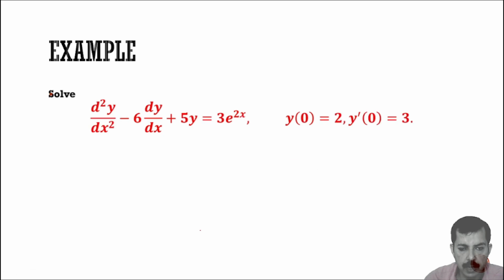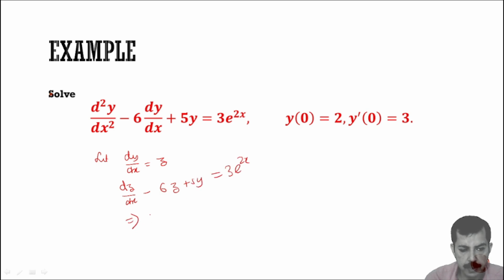Next, if you have this type of second order ODE, then how can you solve this one? For solving this, suppose we consider dy dx is equal to z, then this differential equation is transformed to dz dx minus 6z plus 5y is equal to 3 e to the power 2x.